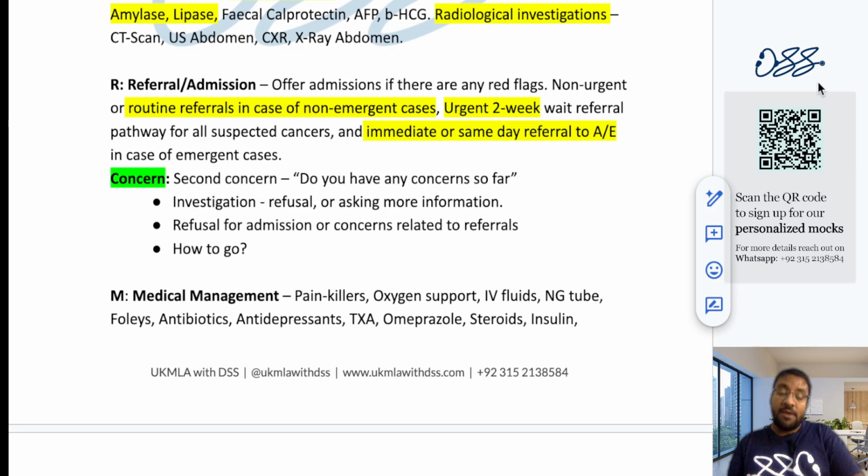It is very important for us to see what's going on inside your head or inside your tummy, so that we are able to identify a potentially fatal condition, diagnose early and manage early.